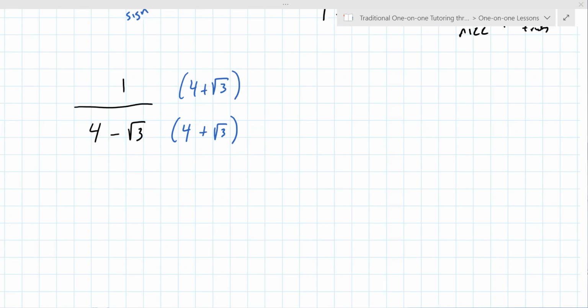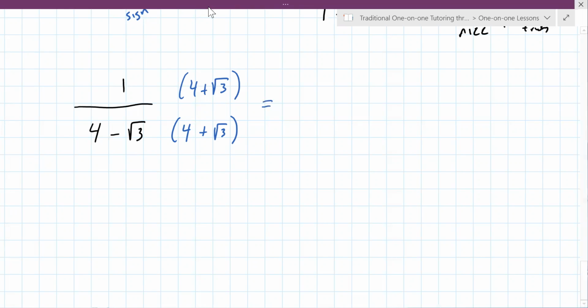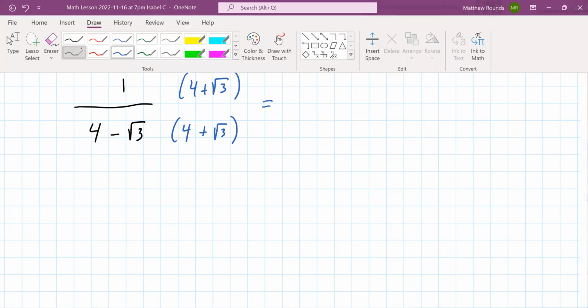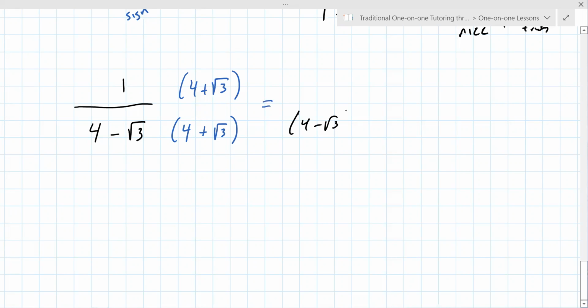All right, and so what I'd like you to try doing is foiling the bottom. I want you to multiply out the 4 minus the square root of 3, 4 plus the square root of 3. Okay.